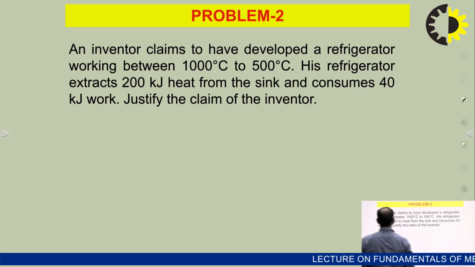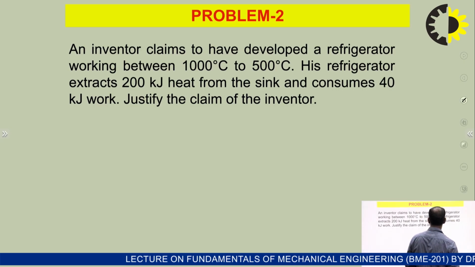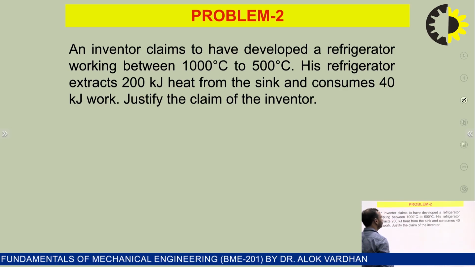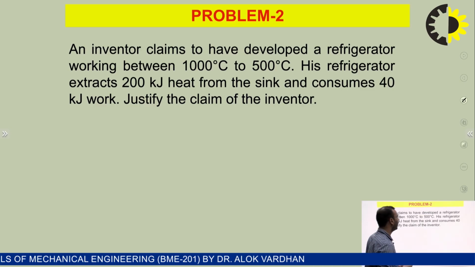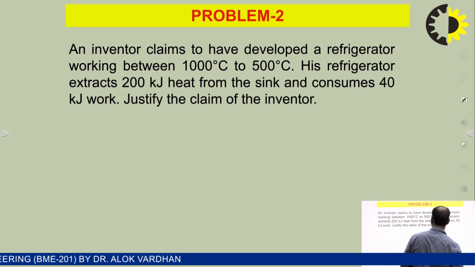In this problem, an inventor claims to have developed a refrigerator working between 1000 degrees Celsius and 500 degrees Celsius. The refrigerator extracts 200 kilojoule heat from the sink and consumes 40 kilojoule work. Justify the claim of the inventor.